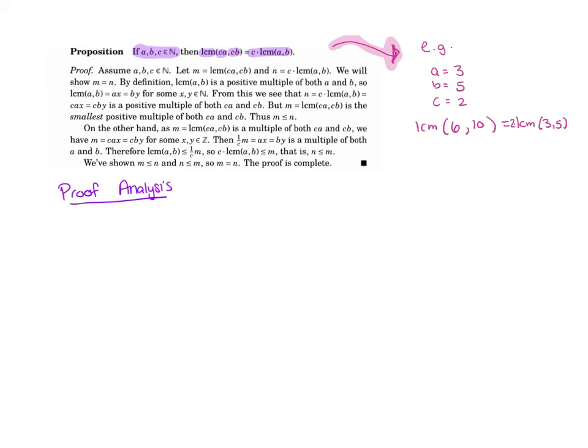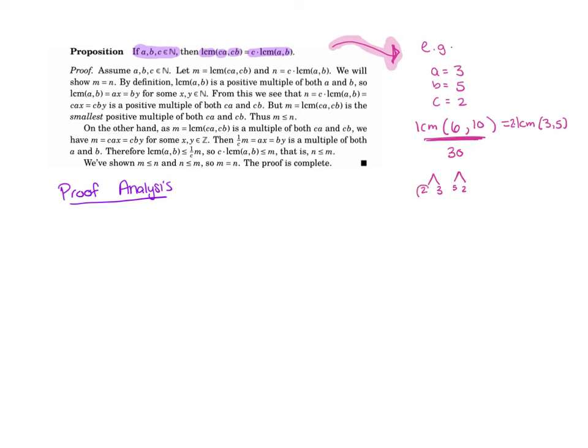So let's think about that. It's the least common multiple of 6 and 10. I know that 30 is a common multiple of both of them, right? That's going to be the least of the common multiples if you just think about all the multiples. You could also do a prime factorization. 6 is 2 and 3. 10 is 5 and 2.